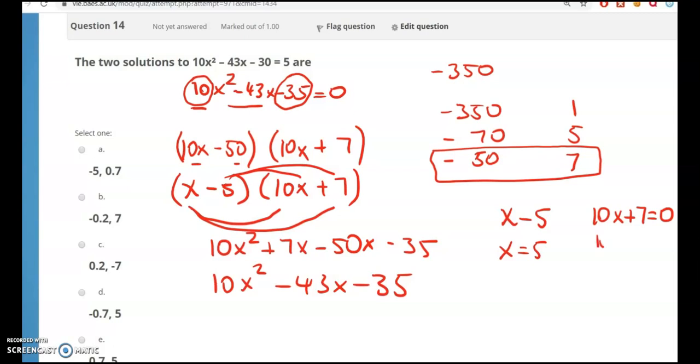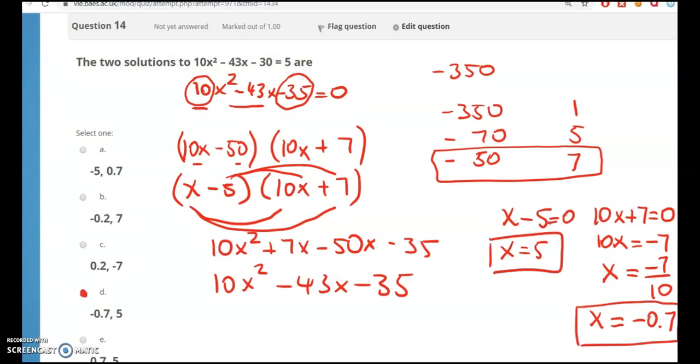We get 10x is equal to minus 7, so x is equal to minus 7 divided by 10, so x is equal to minus 0.7. So we worked out the two solutions when x minus 5 is equal to 0 and 10x plus 7 is equal to 0, and that seems to be option D.